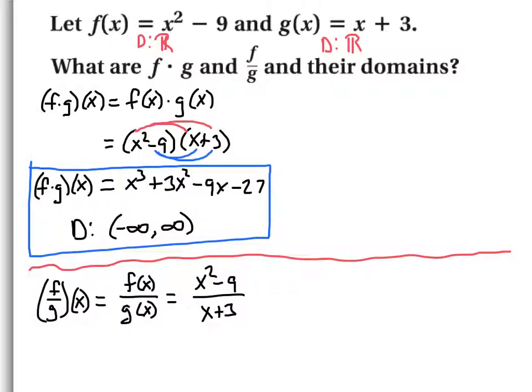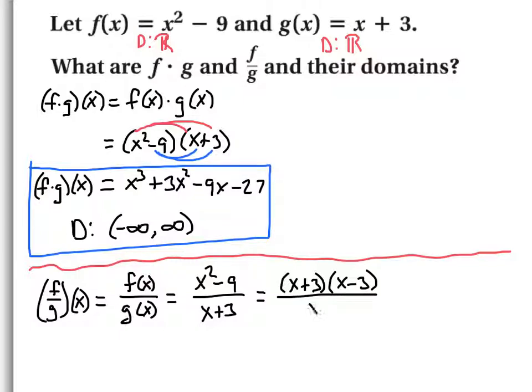And I need to see if I can reduce this down. Please remember, you can only cancel out factors. You cannot cancel out terms. So do not try to cancel the 9 and the 3, or the x squared and the x. You can't do that. But we can factor the top. x squared minus 9 is a difference of perfect squares, so it factors into x plus 3 times x minus 3.